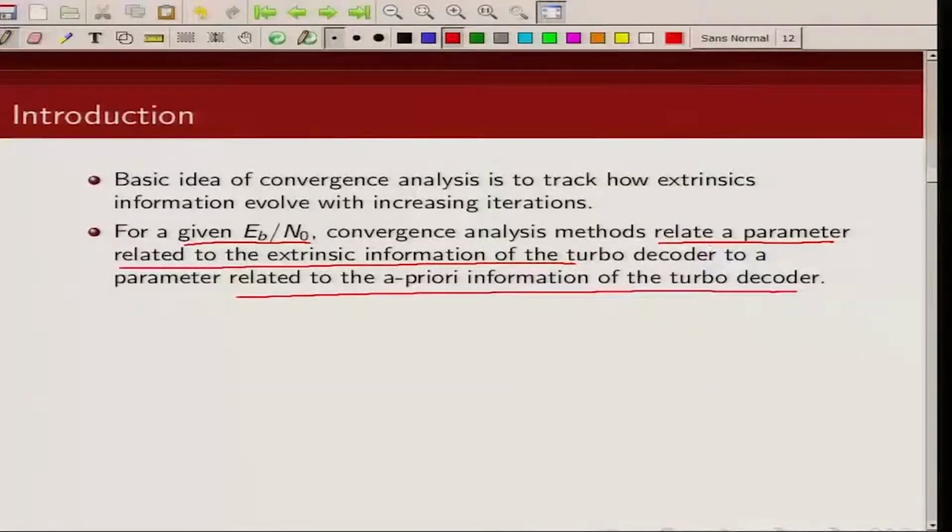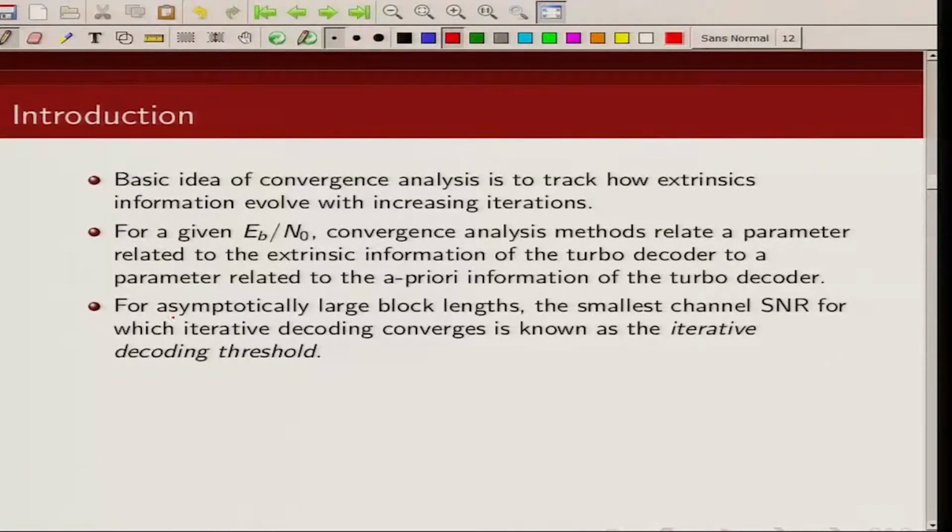As I said, in this soft input soft output decoder, only thing changing is this a priori information and this extrinsic information. So, we want to track how these extrinsic information and a priori information are growing with iteration. So, what we are going to do in this convergence analysis is, we are going to track a parameter which is related to the extrinsic information, and we will see how that parameter will change when a parameter at the input side, which is the a priori value, is also changed.